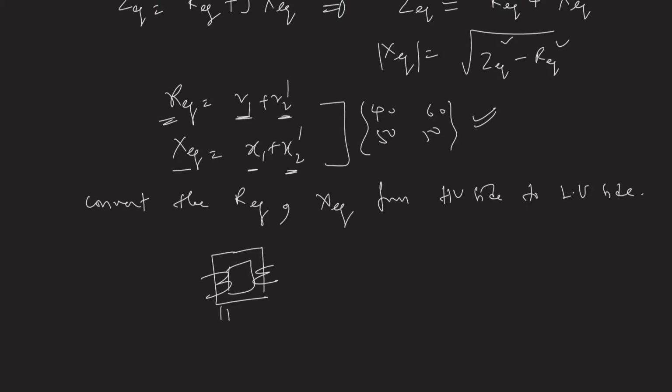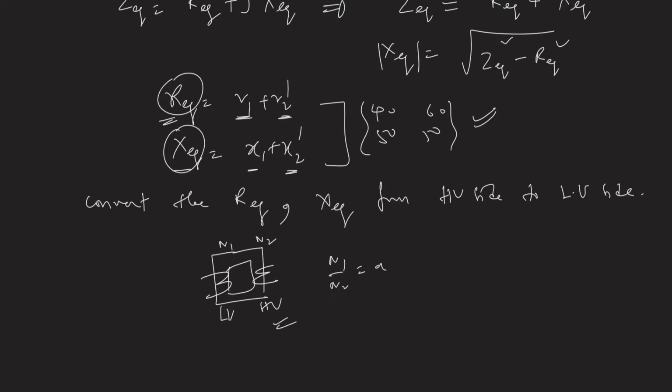This is LV and this is HV, and this is N1 and this is N2. So we know N1 by N2 is equal to A. Now these two parameters are on the HV side, so bring them to the LV side.